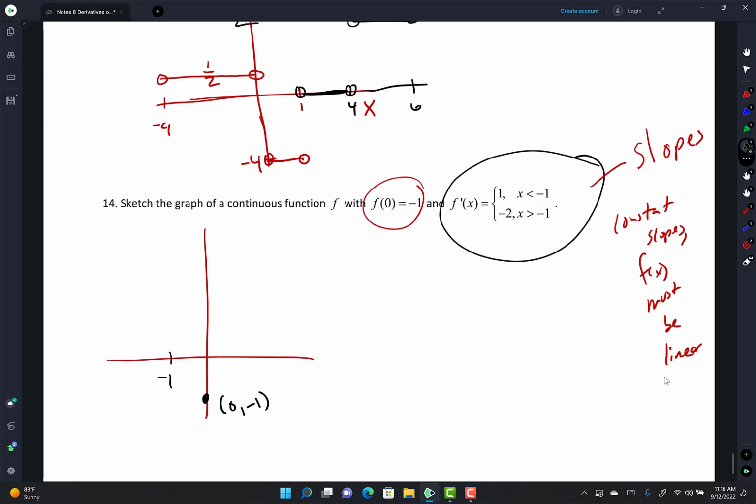Is that point, 0, negative 1, to the left or to the right of x equals negative 1? To the right. So I have to look at that negative 2. Do you guys see that? From that point, I'm going to go 2 to the right and 1 down. Wait, no, the other way around: 2 down and 1 right. I don't know why I did that, guys. 2 down, 1 right.